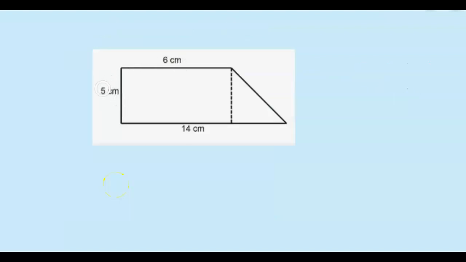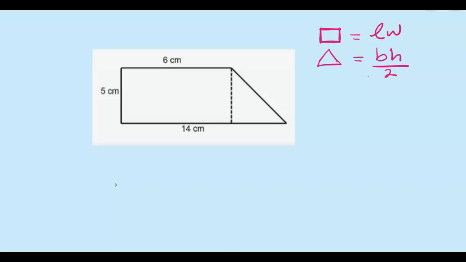Okay, here too we want to find the total area of this figure, and realize that this is a composite of a rectangle and a triangle. So we know the area of a rectangle to be length times width, and the area of a triangle to be base times height, all divided by 2.